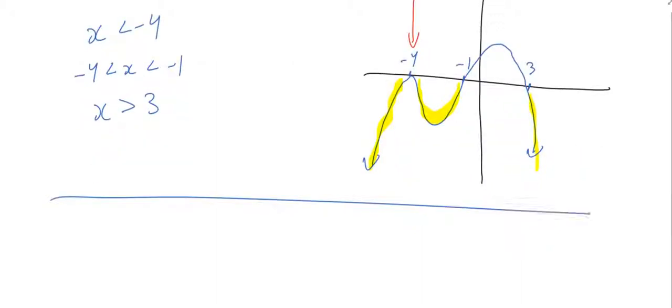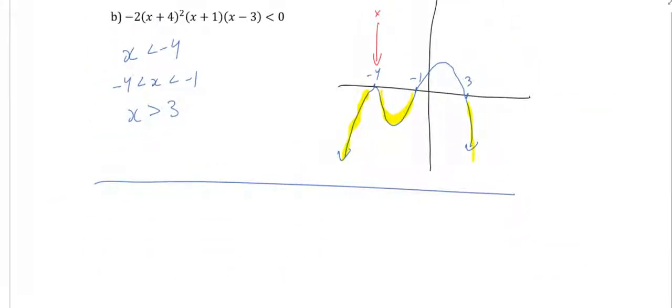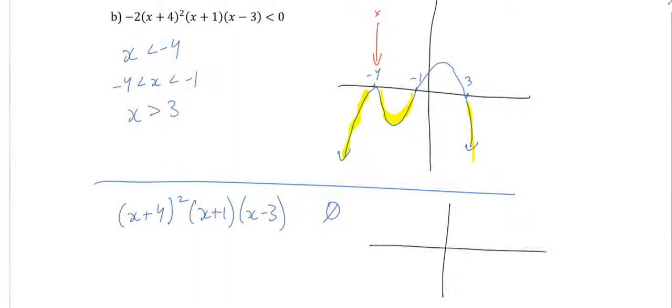Okay, so I'm going to come over here and divide both sides by -2. And I'm going to sketch it. How is this graph going to change? Now it's got a positive leading coefficient.